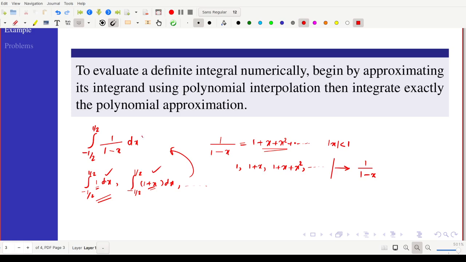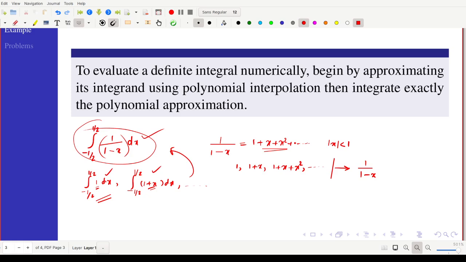If this integrand is not so simple, you can consider a nearby problem. Nearby problem means that if you consider these polynomials, then the integrals can be easily evaluated. So you replace this problem by a nearby problem of integrating polynomials, and then we can approximate the value of the original integral by those.